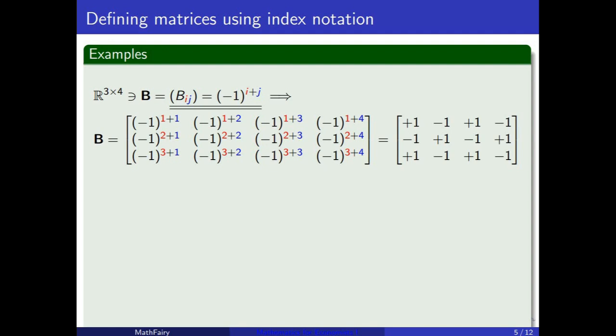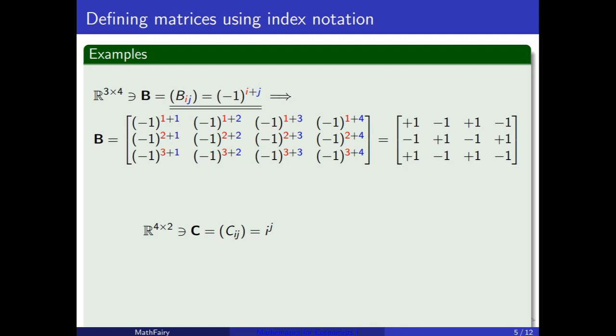And as you remember, if the exponent of -1 is an odd integer, then we will have -1 as a result. And if it's an even integer, then we will have +1 here. So this will leave us with this array of +1s and -1s. This (-1) to the i plus j will come up later.